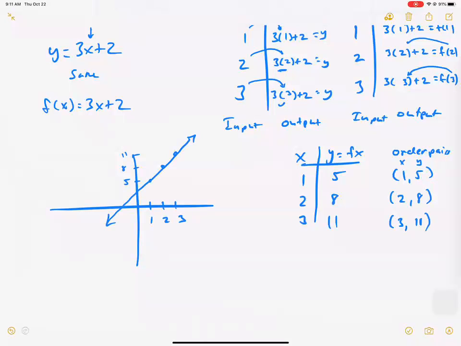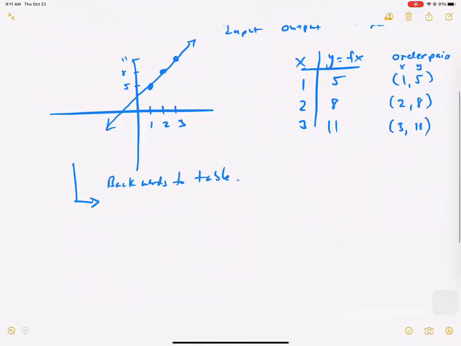So what if I gave you this graph first? We can go backwards and write the table. X's and Y's. If X is, going down the points, 1, 5, 2, 8, 3, 11.